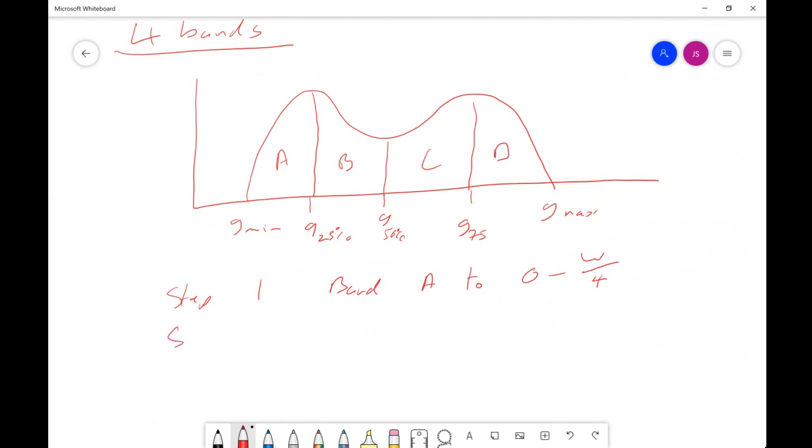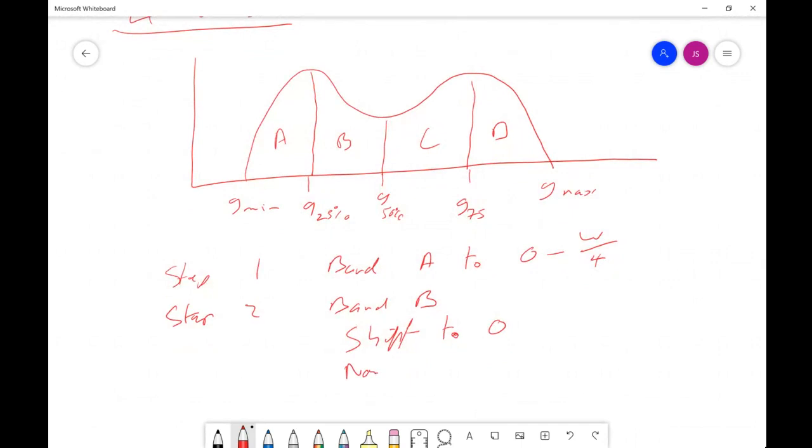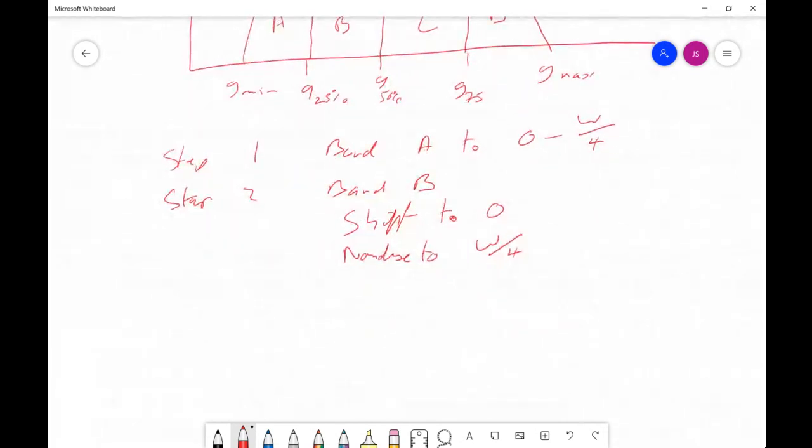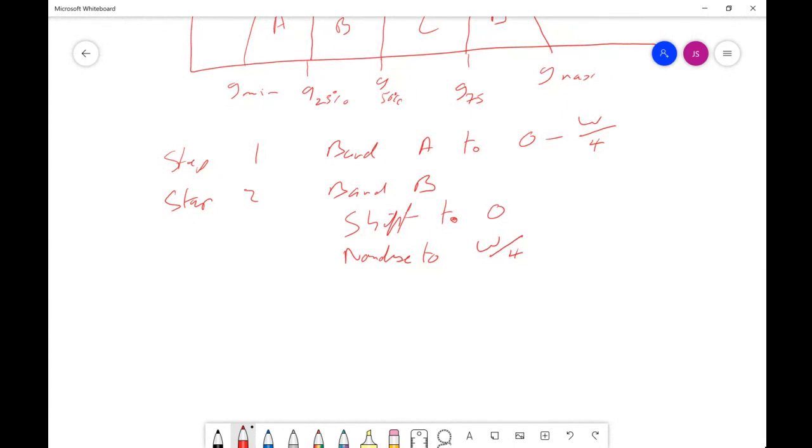Then for the other bands, band B, shift it to band A, or 0, normalize to W over 4, and then having got the second band normalized over a quarter of the intensities, you now shift it to W over 4 to W over 2.